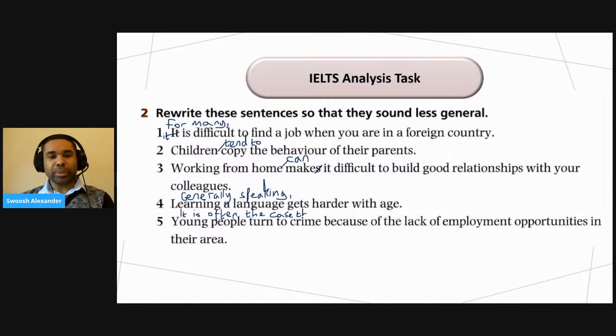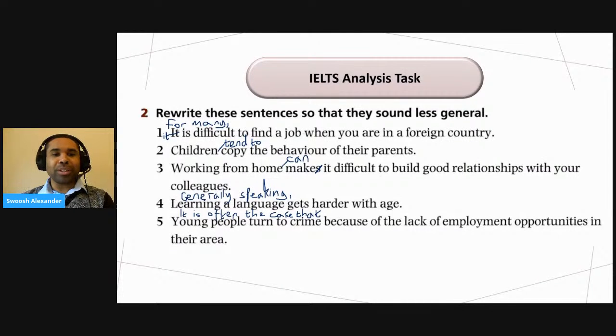So here's a new expression, perhaps for some. So "it's often the case that young people turn to crime because of the lack of employment opportunities in their area." Okay, so it's again another way of expressing the fact that it's not 100%, but it is something which is a trend, or it's something which happens quite regularly. So that's an expression we could use there.